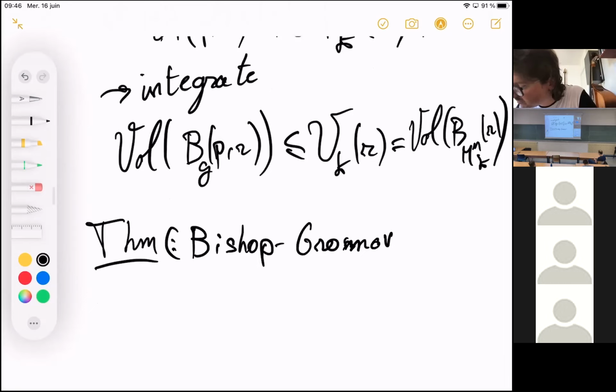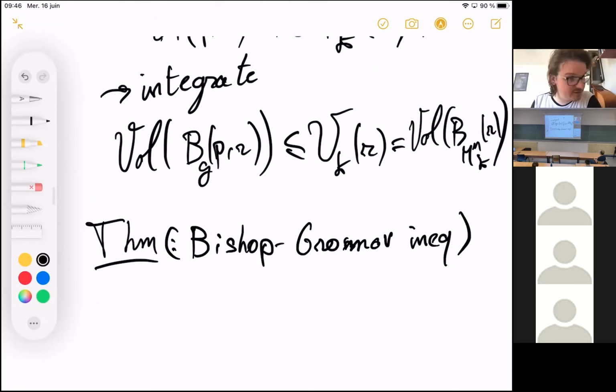And once again, it will be stated as a monotonicity of some functions. Often in geometric analysis, monotone quantities are very important. Like for mean curvature flow, you have some kind of entropy which is monotone. Here, this will be this volume ratio.